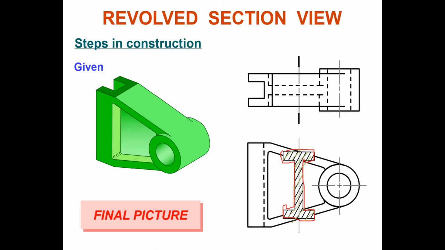Bukan HB guys. Section line 4H. Okay, tapi borderline tu of course lah object line kan. Kalau you buat the borderline is 4H, kita cannot see the contour lah. You cannot see the outline of it. Outline must be 6B. Okay, right?